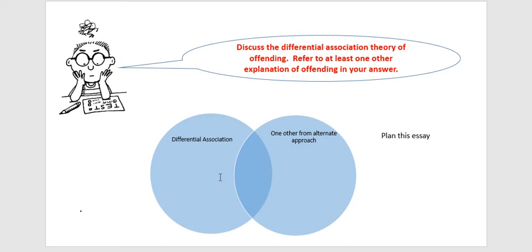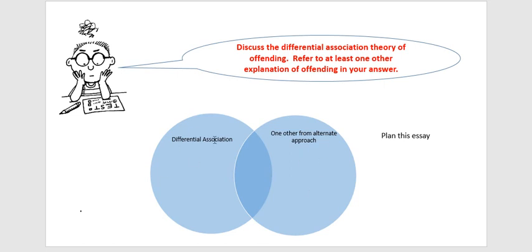Perhaps the best thing to do would be to say differential association theory can explain offending behaviour by... Then I would have support for this as an explanation for offending behaviour, so something that is a positive criticism. And then I would go on to my second burger: however, a weakness of the differential association theory is... And when I do that, I would then lead into my alternative explanation.